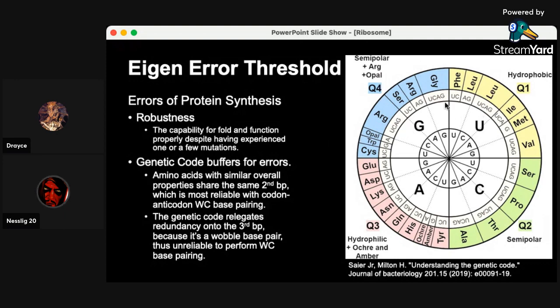And that's why the genetic code is structured in this way, where, as I mentioned before, you have hydrophobic amino acids sharing the same second letter of the codon, and the second letter of the codon is not coincidentally the most important, because it's the most reliable, where the least amount of errors occur. The most unreliable is the third base, which is why the genetic code relegates redundancy onto the third base of the codon, and it's a wobble base pair.